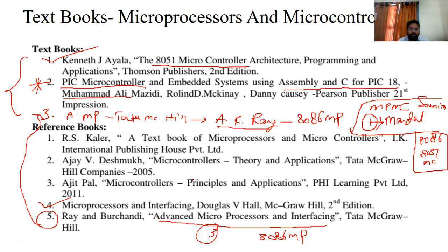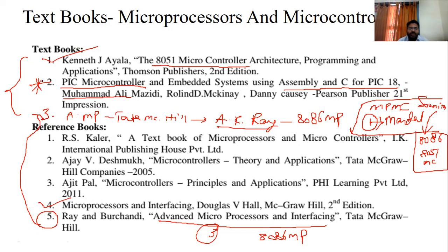Whenever you want to buy a textbook, I prefer Soumitra Kumar Mandal because it covers the 8086 as well as the 8051 microcontroller.